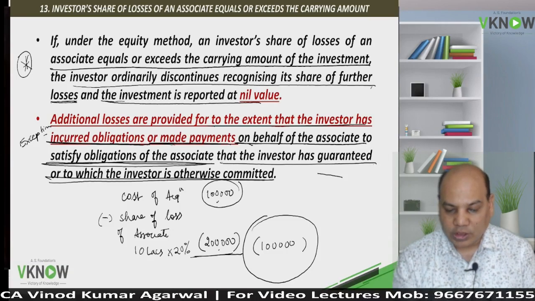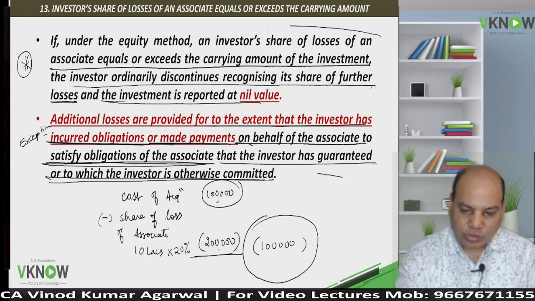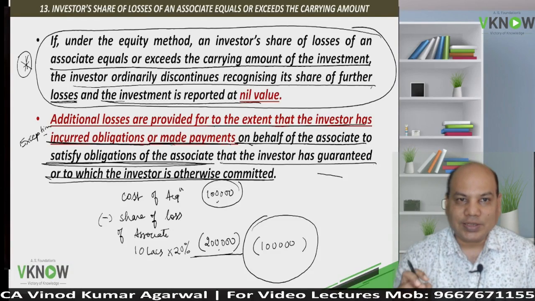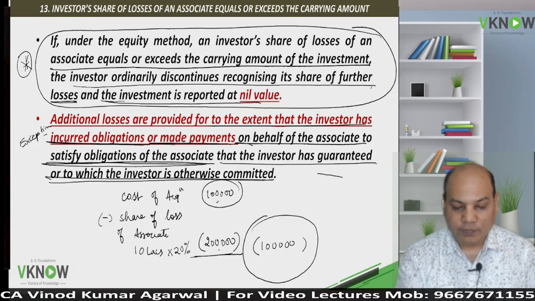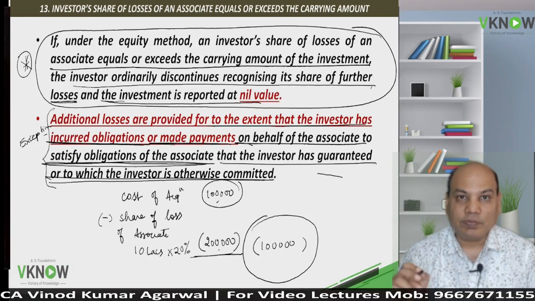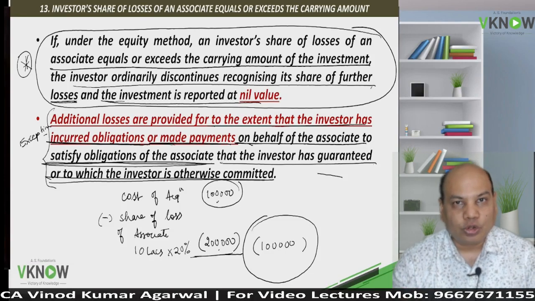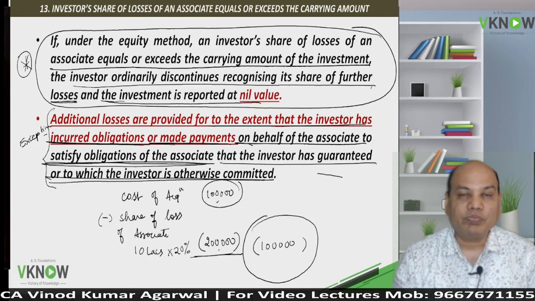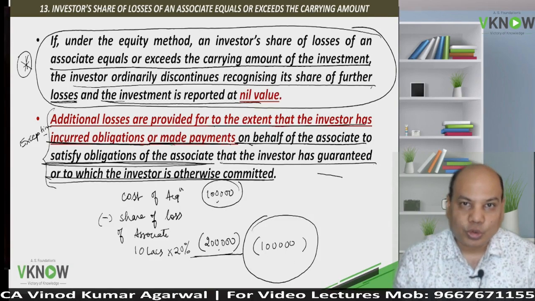So what will the student assume? The student will assume this part. Whenever your answer is coming negative, you will show it at nil value. But if the problem specifically says the investor has given a guarantee on behalf of the associate to the extent of a certain amount, then that is the maximum loss you can show in the books.